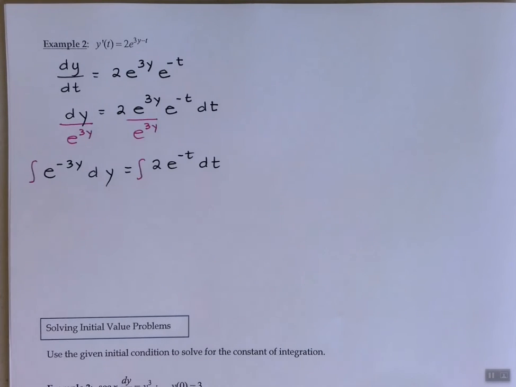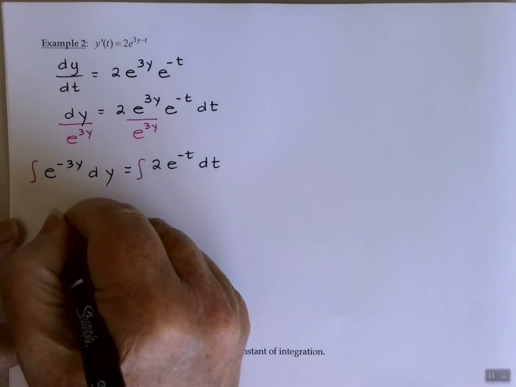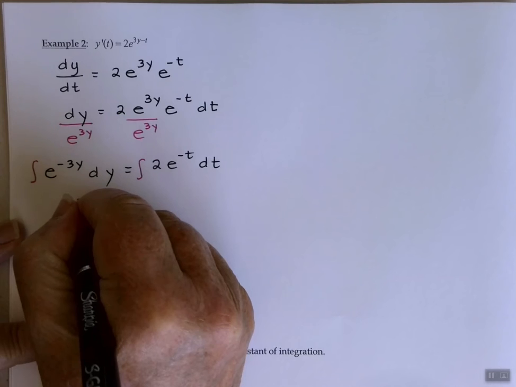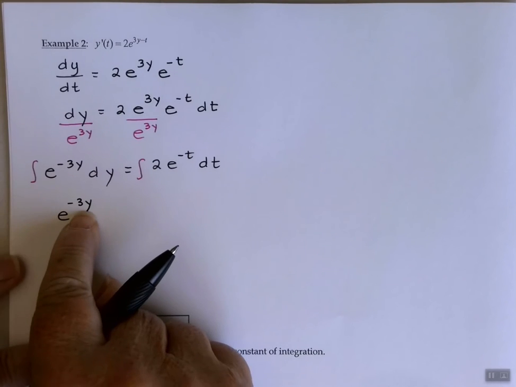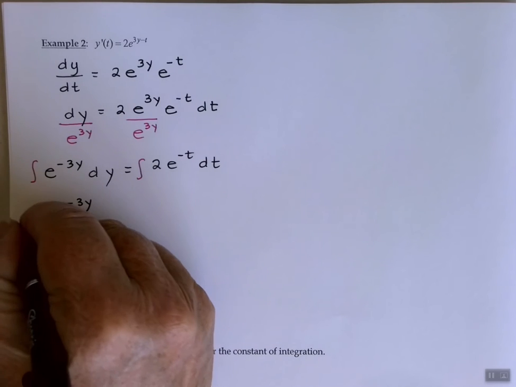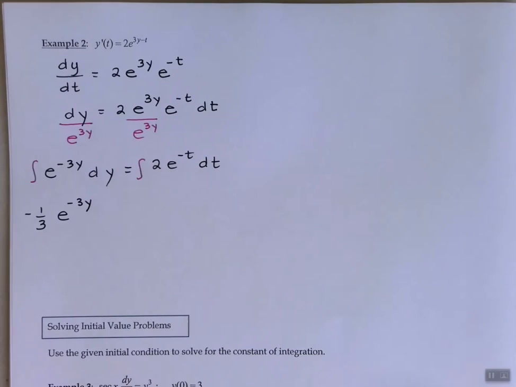So I'm going to do a couple of simple little u substitutions here mentally. Integral of e to the minus 3y is still e to the minus 3y, but the u substitution would have had the derivative negative 3. When I solve for the du, that would have become a negative 1/3 out in front. Not going to put the plus c on this side.